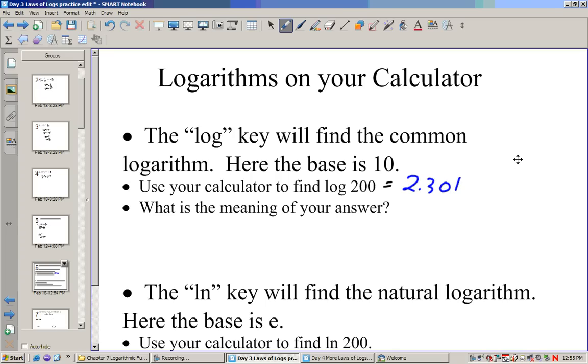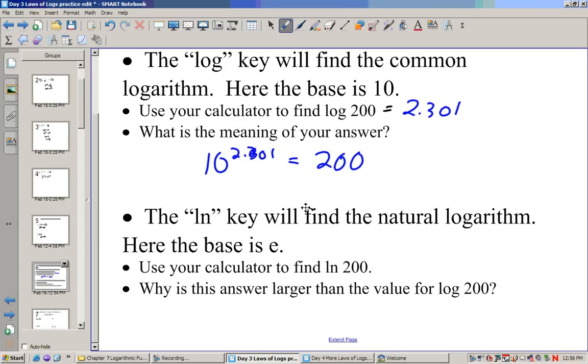That's a long answer. What this means is 10 to the 2.301 will be equal to 200. So this is the exponent on 10 that will get me to 200.